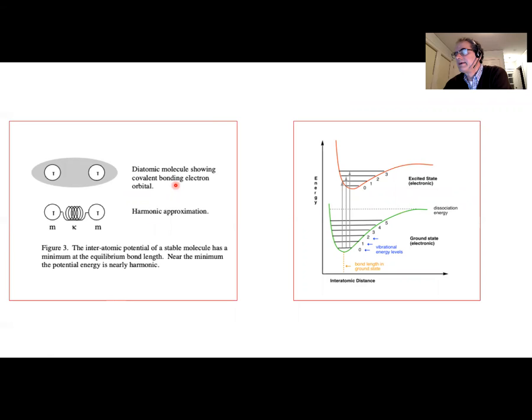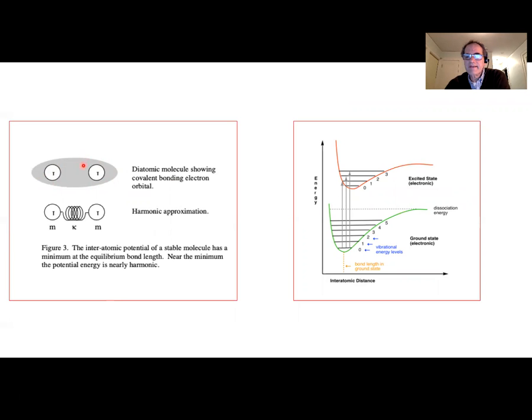Very good. So today we're going to investigate a diatomic molecule, diatomic iodine, okay? In diatomic iodine, we have two iodine atoms that are bonded together with a covalent bond.